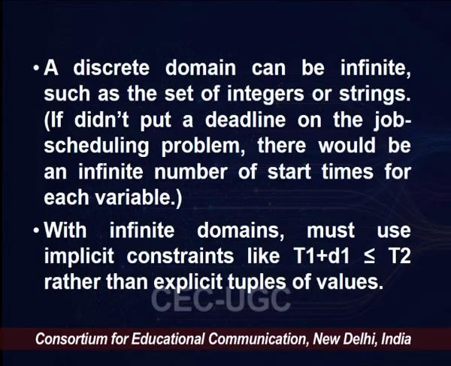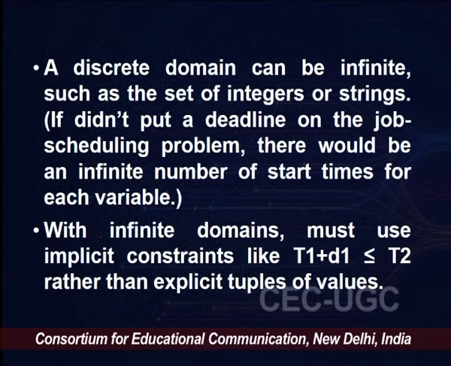That means the start time of the first task plus the duration taken by the first task must be less than or equal to T2, the timing of the second task. That means the second task cannot start if the first is not finished, if they are in a sequence. So rather than an explicit tuple of values within the infinite domains, we can use implicit constraints of this type, which is T1 plus D1 less than or equal to T2.